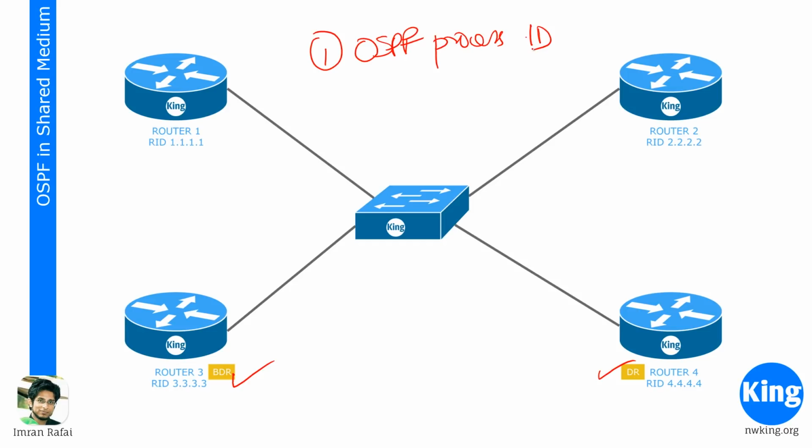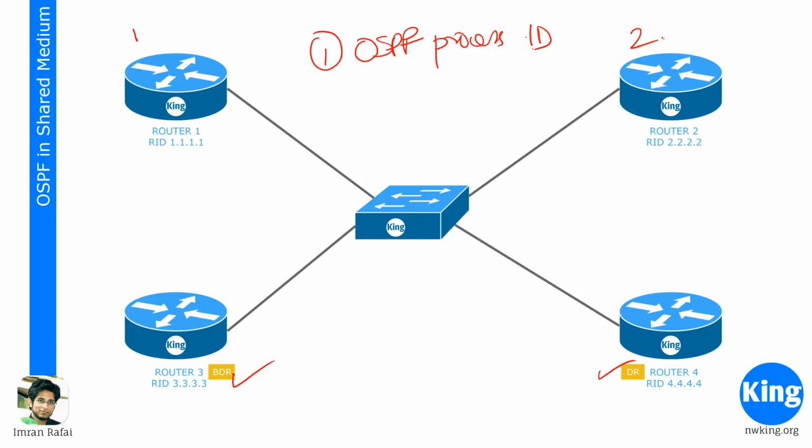We'll talk about what process ID is, but we need to understand, if you remember in the last video, I showed a few parameters in the hello that should match before you can form a neighbor, and OSPF process ID was not among them. That means in router 1, I can create an OSPF process with a process ID of 1, and in router 2, I could create an OSPF process with process ID 2, yet they will become neighbors because OSPF process ID is locally significant.